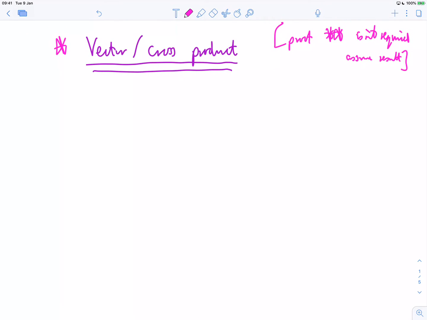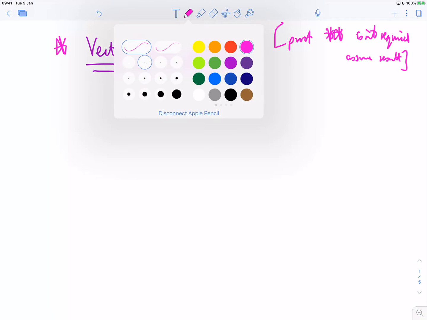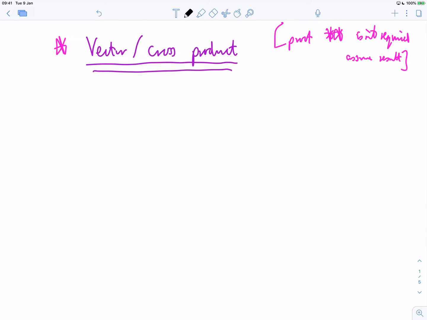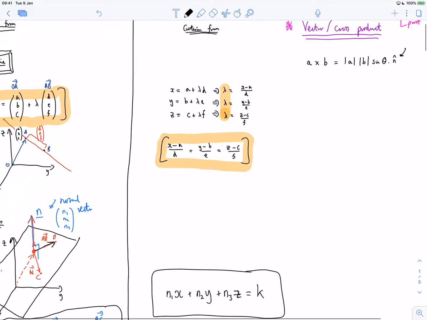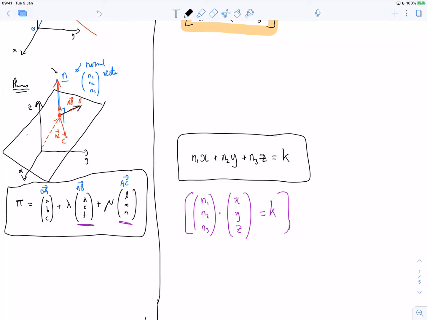So what is the vector or cross product? Well, very easy. If I've got a vector, let's call it A, and I cross it with B, so it looks like A times B, but this is a cross, then this is just going to be the magnitude of A times the magnitude of B times sine of the angle between A and B, and then this is times n hat, and this n is the same as this n.